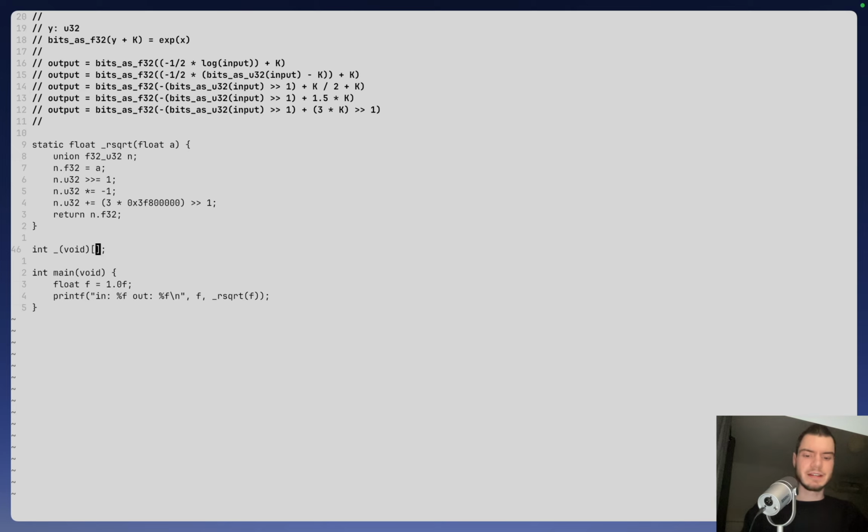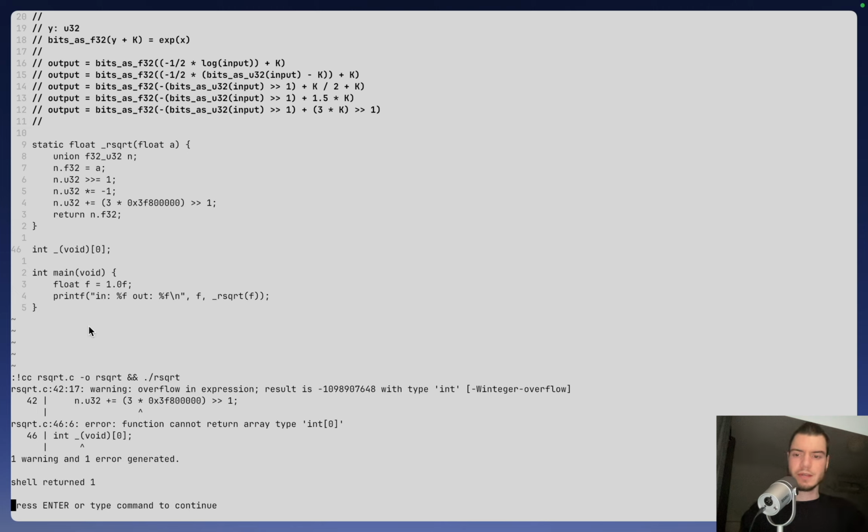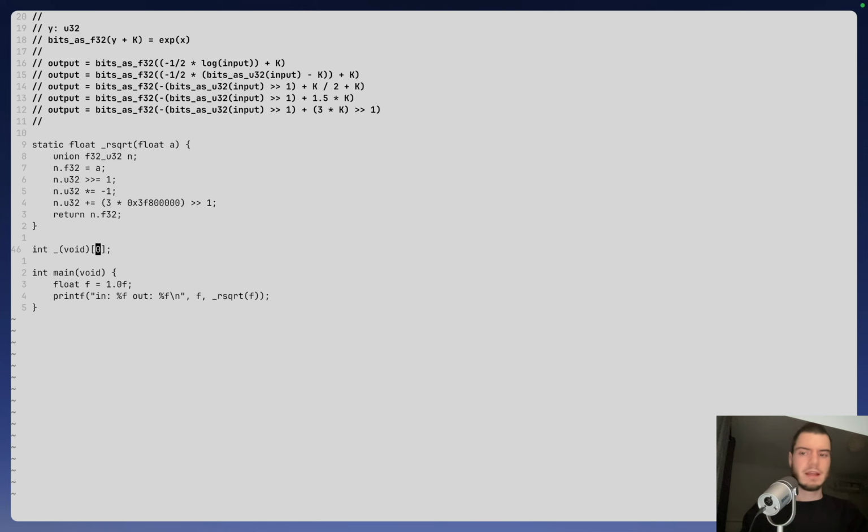It's a valid syntax, but it's actually not valid C. So what you get when you try to compile this is an error that the function cannot return array type int 0. But it turns out that you can actually put, for example, sizeof in here.